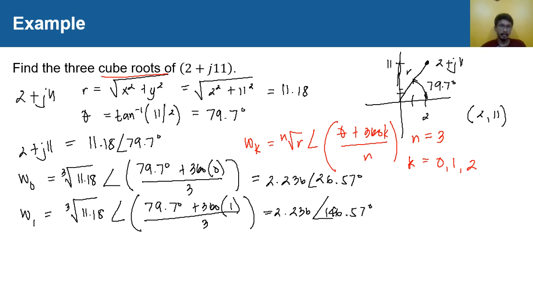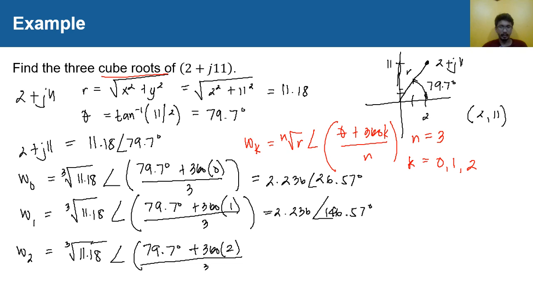And then for w sub 2, we have the cube root of 11.18 bar angle 79.7 degrees plus 360 times 2 divided by 3. This is equal to 2.236 bar angle 266.57 degrees.